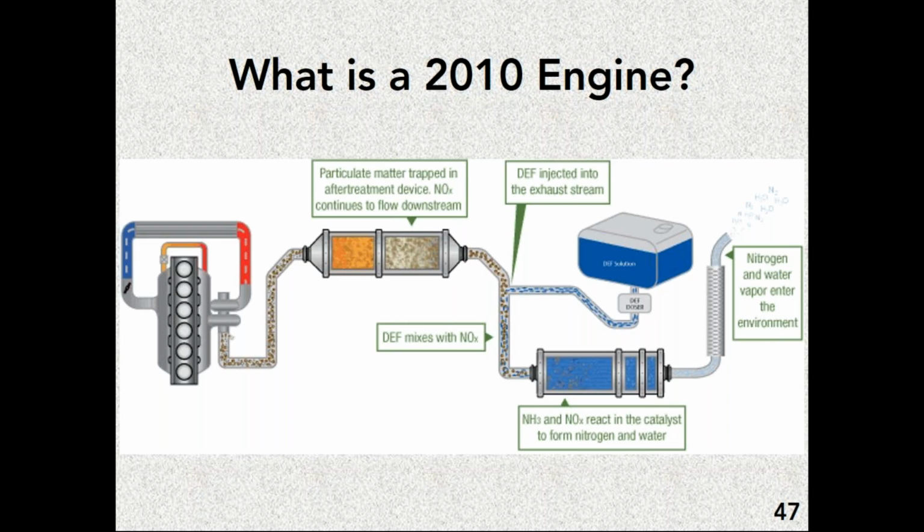Now, ammonia is an extremely dangerous substance. We cannot ask people to put pure ammonia on their vehicles because when they get into accidents, the ammonia would create a tremendous hazard for any cleanup or anybody that is around that accident. So we cannot do that, but we still need ammonia in order for this device to work.